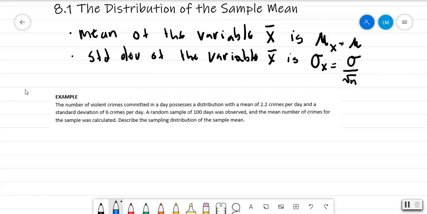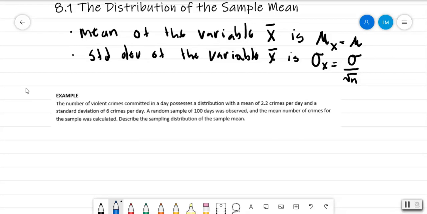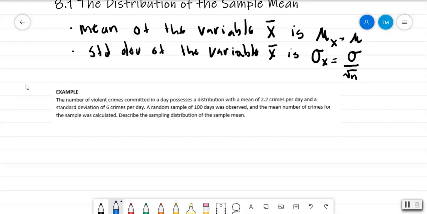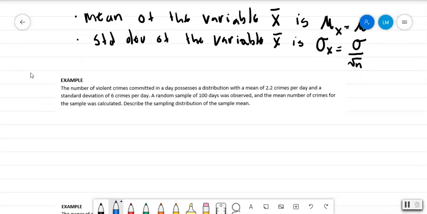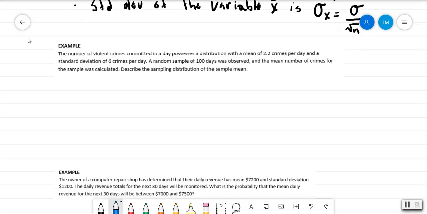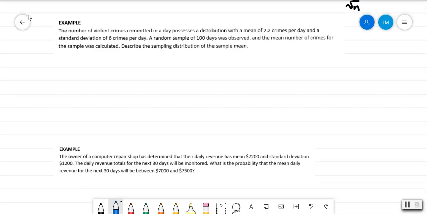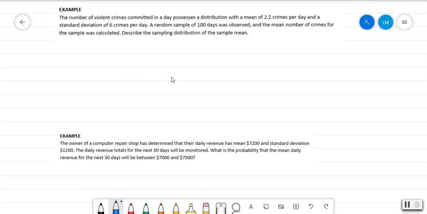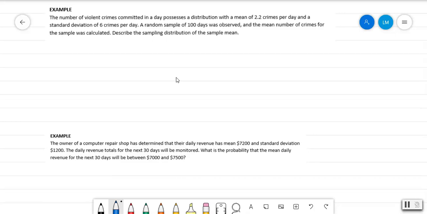We say error because we're using results from our sample statistic to estimate a population parameter. That's why we deal with sampling error and also standard error. The purpose of this is just so that you get an idea of the different things that you should look at as it relates to 8.1.